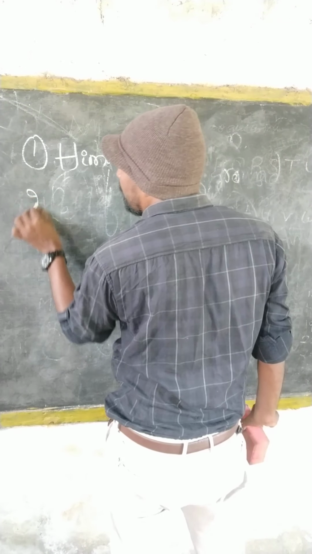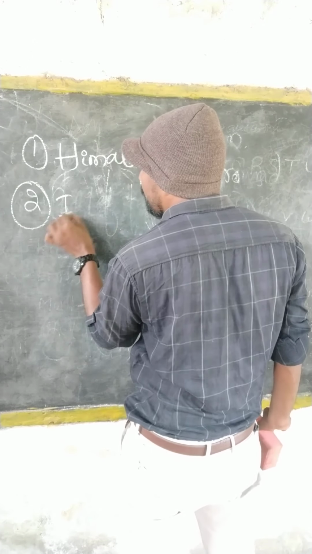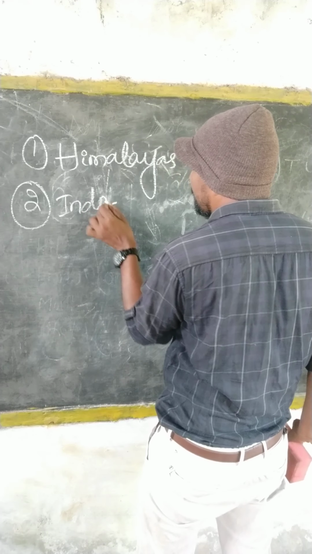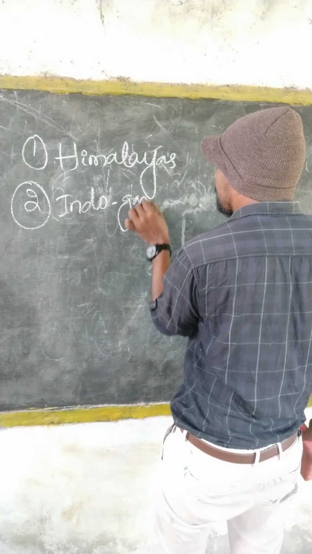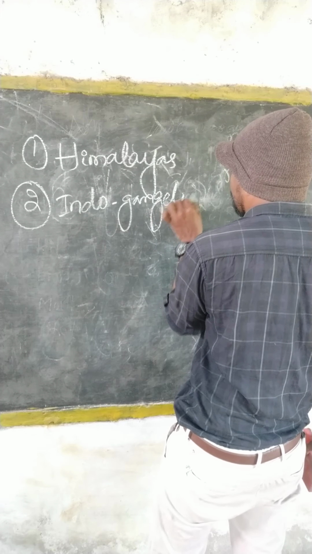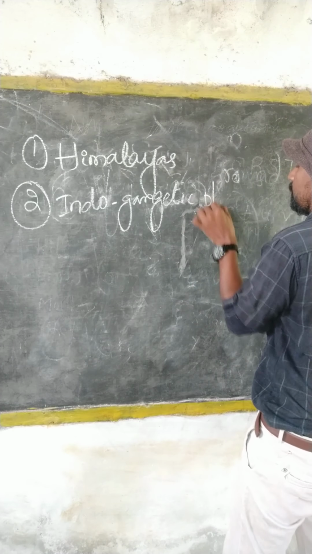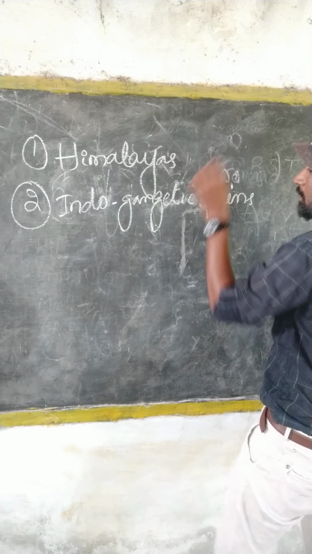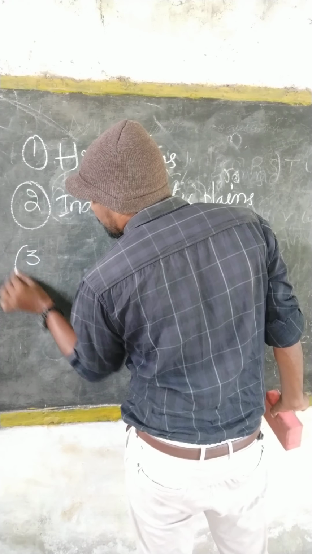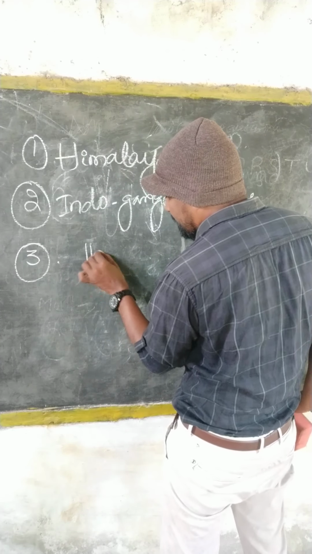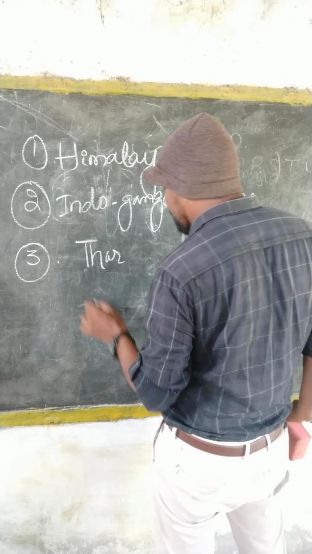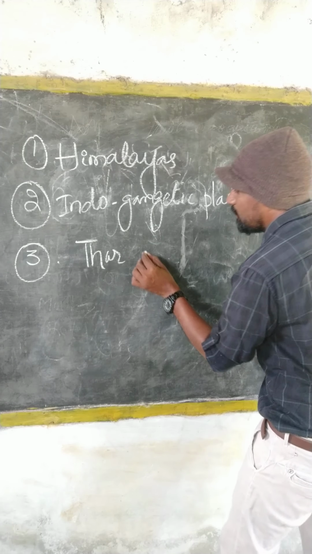And second one is Indo-Gangetic Plains. And third one is desert. What's the desert? Great Desert, and also we call this Thar Desert.